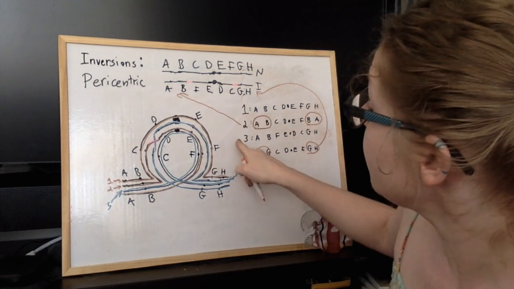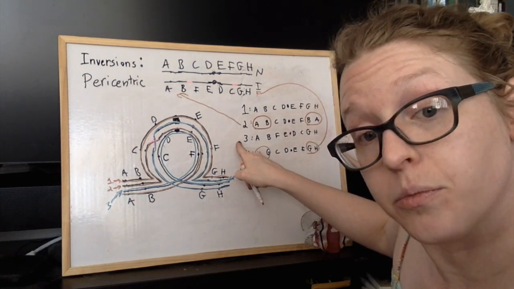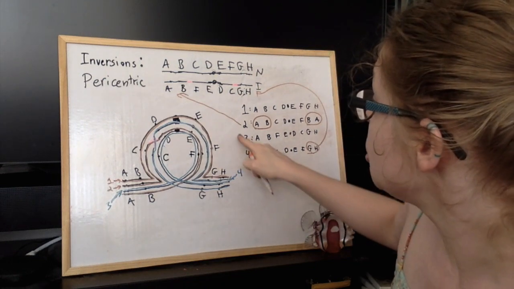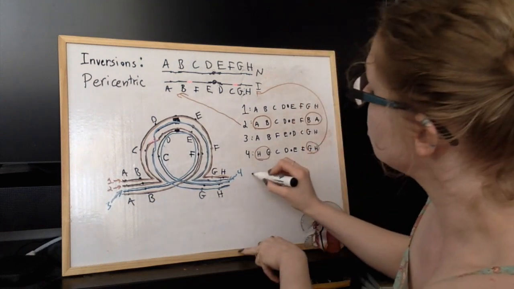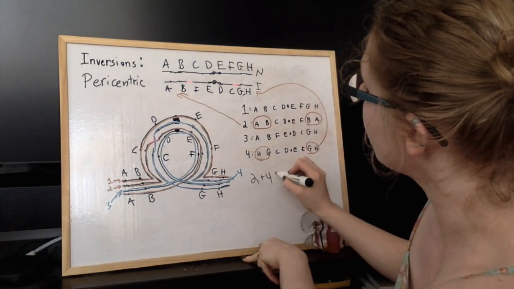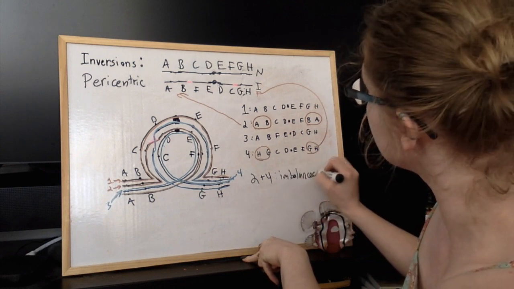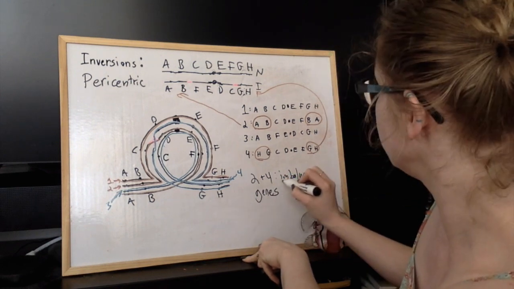So 1 and 3 have all of the genes necessary to make a baby, and they'll be fine. Those are viable gametes. But 2 and 4, imbalanced genes.